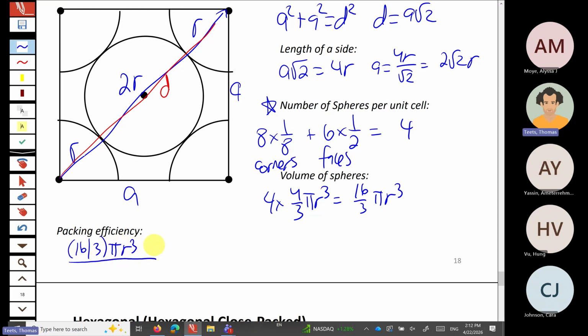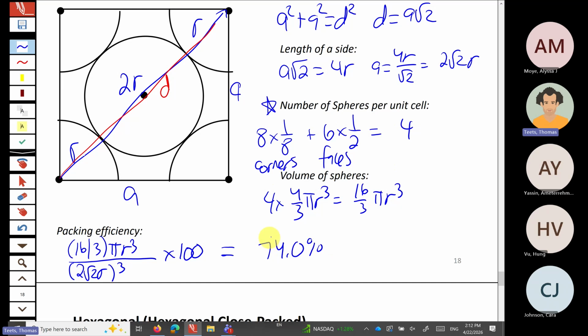The volume of the cube: 2 square root of 2r is the side length A. You cube that to get the volume. And so when you cancel out the radius terms and simplify that numerically, you get 74%.